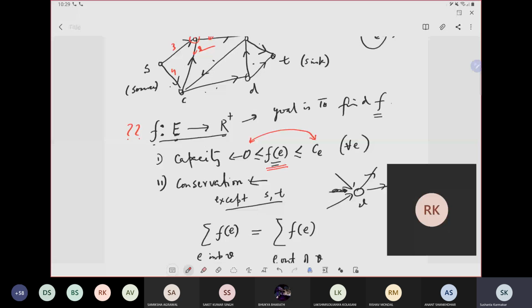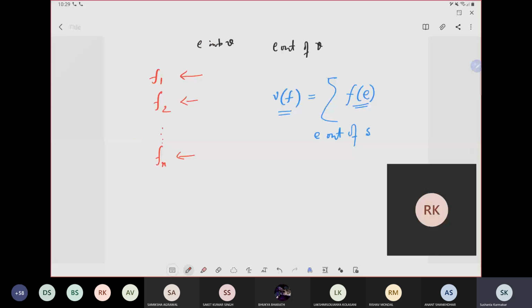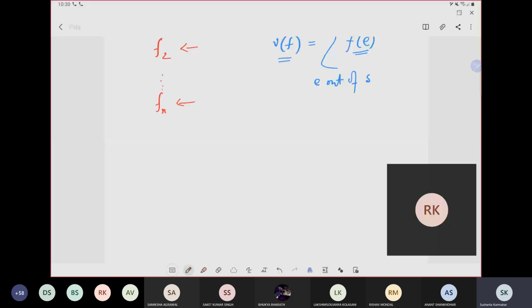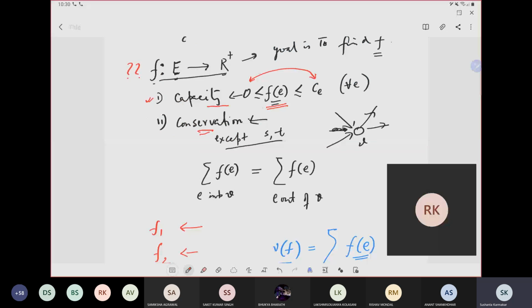Okay. So once I define the value of the function, which function should I be interested in? I'm interested in the f that has the maximum value of this function. Many f's are possible which satisfy capacity and conservation.